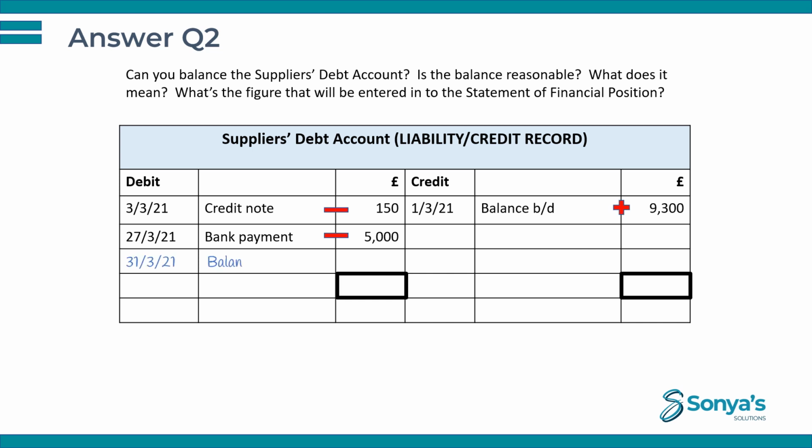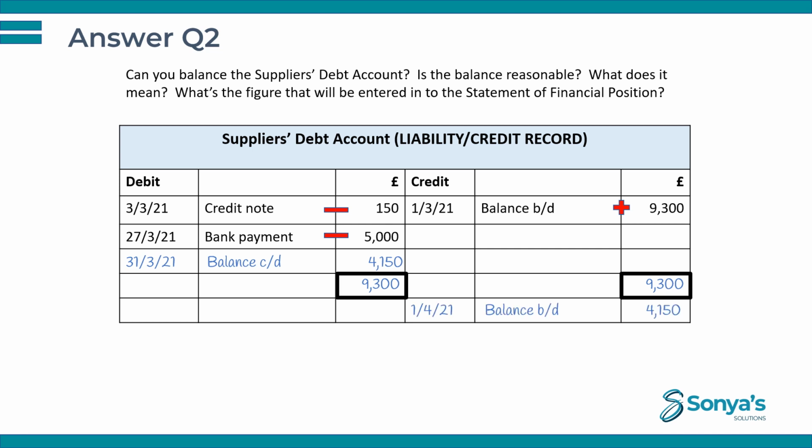The account balance is calculated as £4,150. It's entered on the side of the account with the lowest value. The columns are totalled to ensure that there's balance in the account. The balance is transferred to become an opening balance.